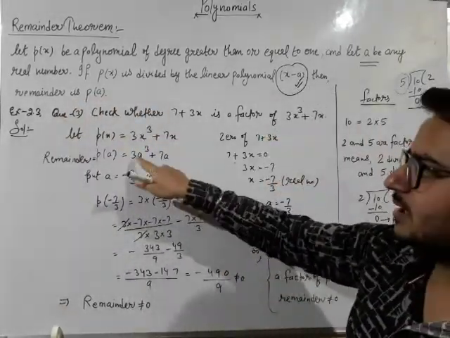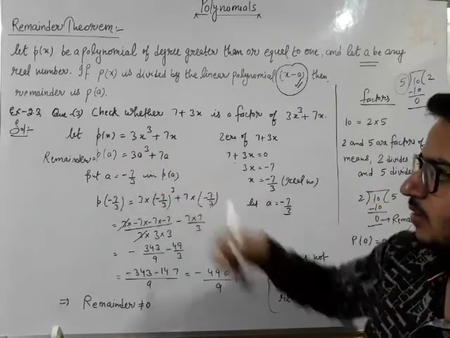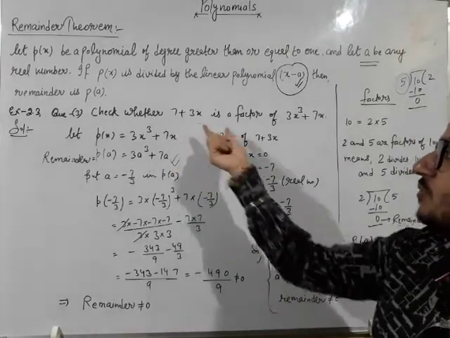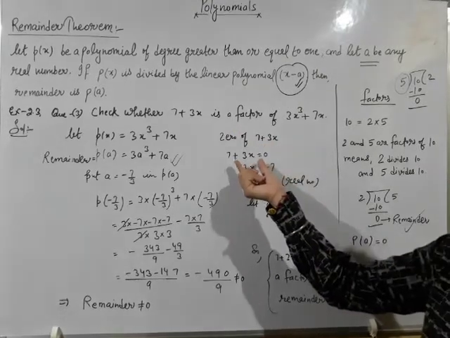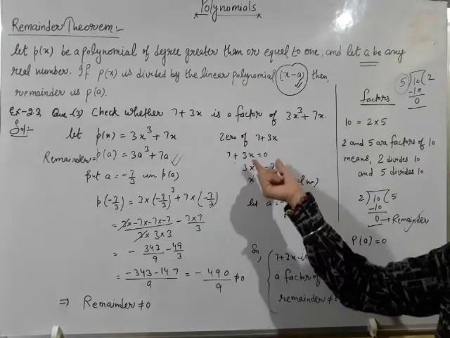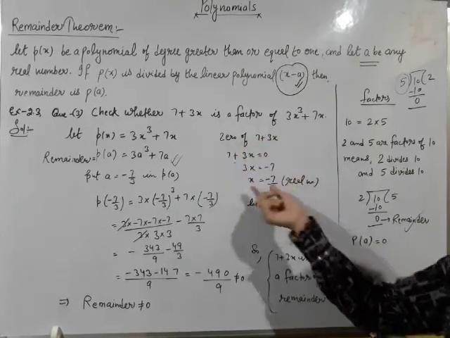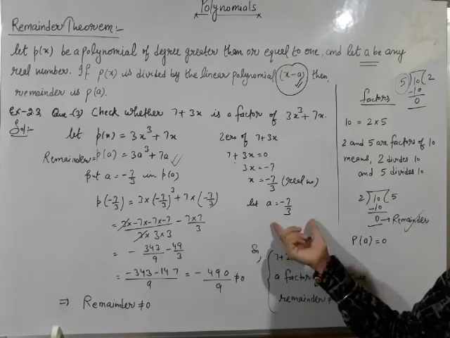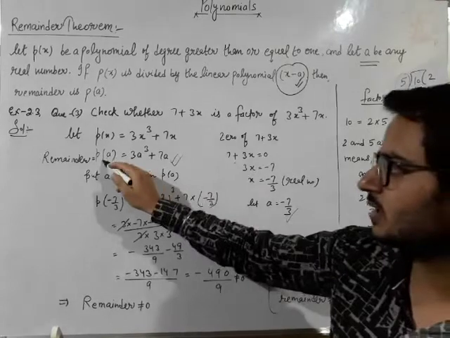So P(a) will be 3a cube plus 7a. We replace x by a. Now how will we get the value of a? We will find the zero of 7 plus 3x by putting it equal to 0. 3x is equal to minus 7 and x will be equal to minus 7 by 3. It is a real number. Let a is equal to minus 7 by 3. This is the value of a which we will put here.